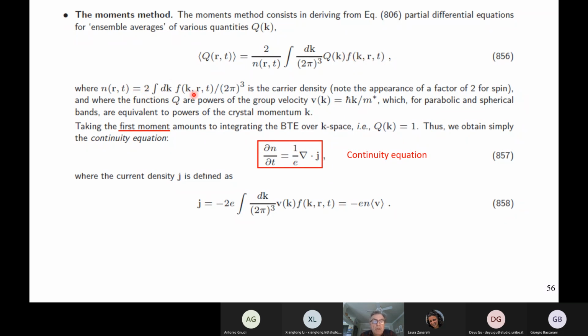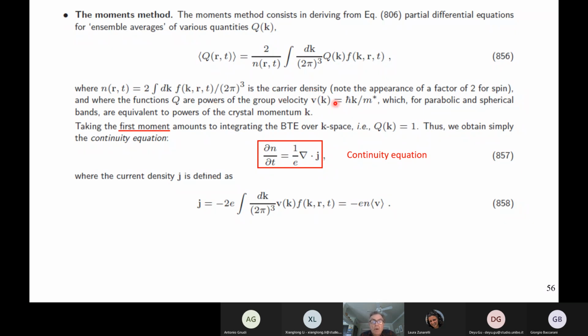So the total density will be, considering spin as a separate object here, so there is a factor 2, I integrate the distribution function. This is the usual integral over k, so I have this factor (2π)^3, which is the usual conversion factor when I go from the sum over points in k space to the integral by making it continuous. And so this will be the carrier density.